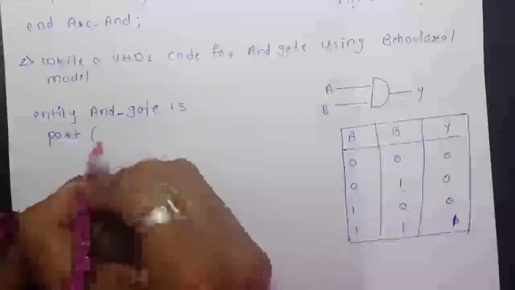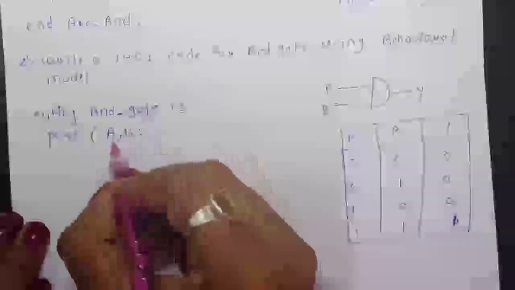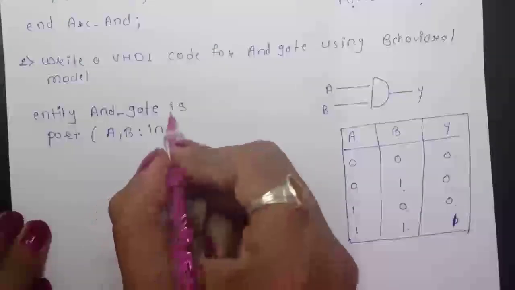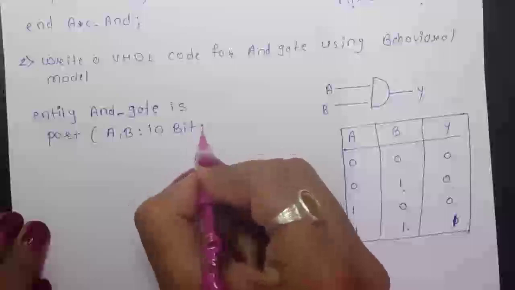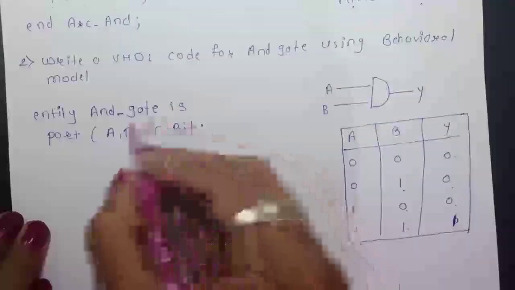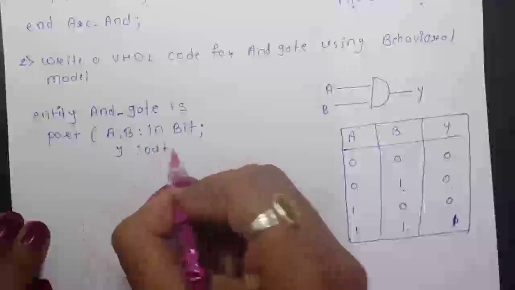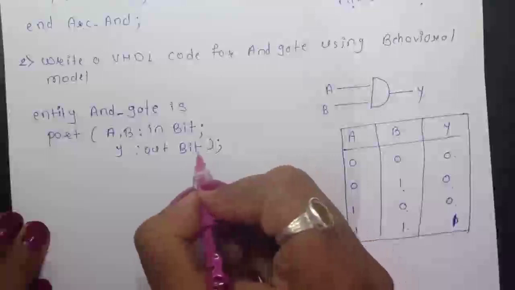So the port keyword, there are three ports. First two are A and B. A and B are input type ports, and the data type associated with them is bit. Then the third port is Y, which is an output type port, and the data type associated with it is bit.